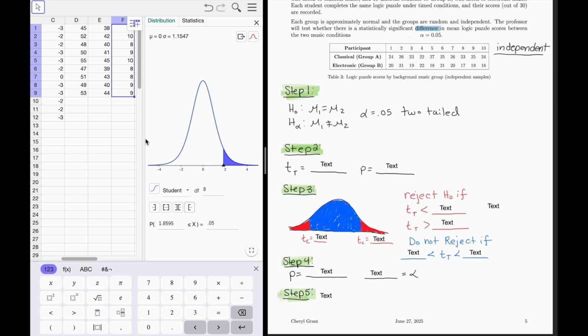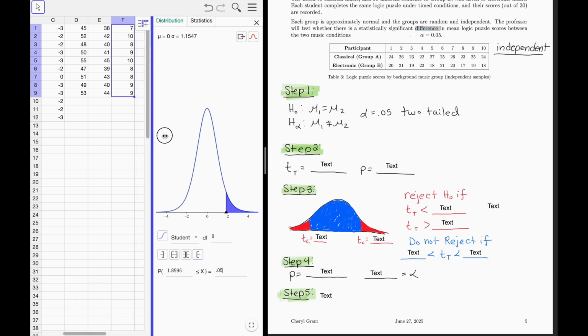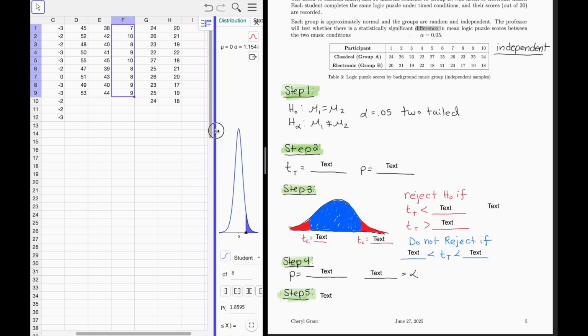We need to do a little bit of work to find that. I put my classical group values in column G and my electronic group in H. We do not need to find the differences between these two like we did in the first two examples because these are independent.